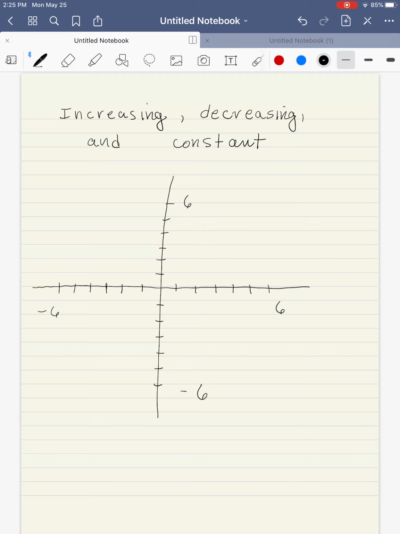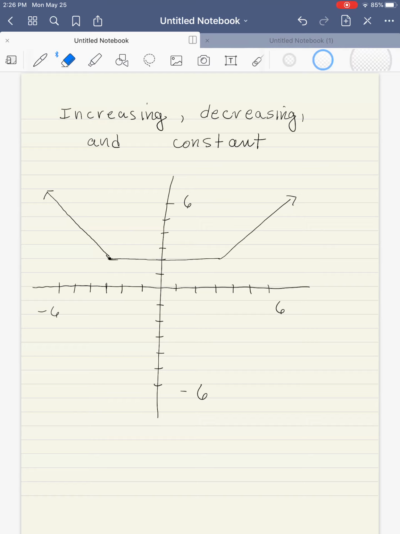But let's say that on this portion of the graph, it just goes straight across. And then at x equals 3, it goes up. And over here, at x equals negative 2, it is coming down in this direction. And these two arrows on the left and the right just mean that the graph continues to go back that direction and back to the right.